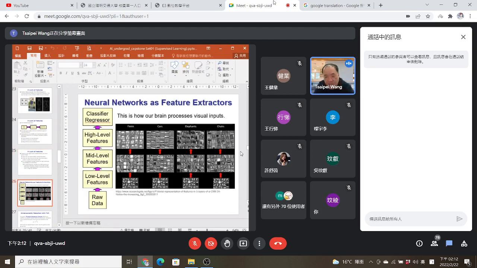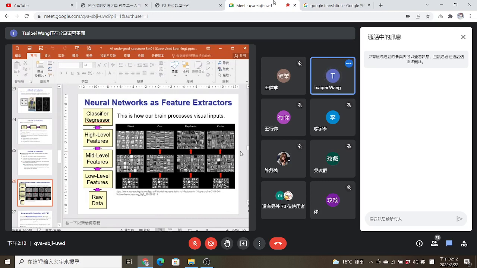The success of convolutional neural networks comes from the fact that the network itself acts as a feature extractor. Instead of handcrafted features, it directly learns what features it wants to use. So the network combines the feature extractor and the classifier into a single model.